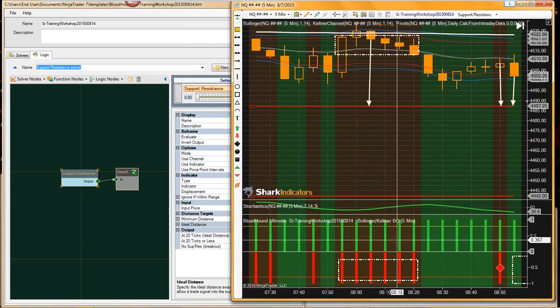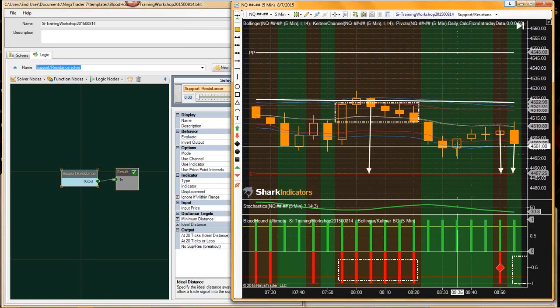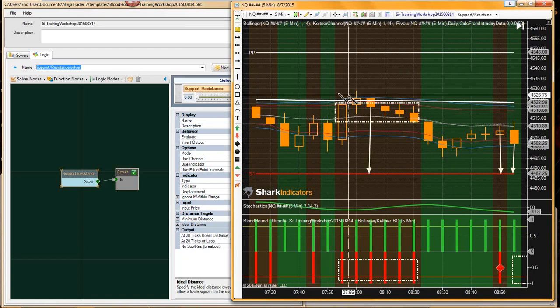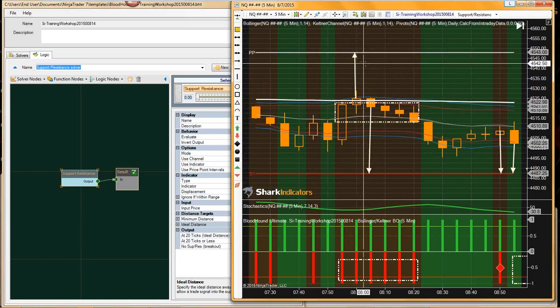All right, and the same thing goes with all these long outputs. So let's take a look here. The distance from the closing price of this bar up to the PP line is more than 80 ticks away.